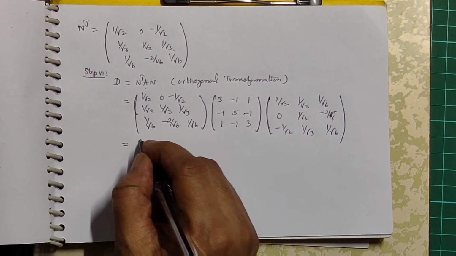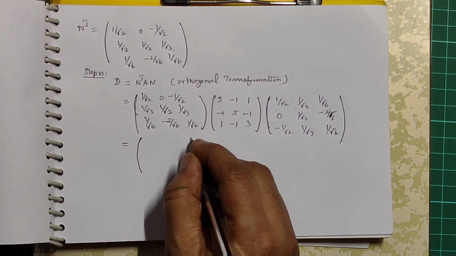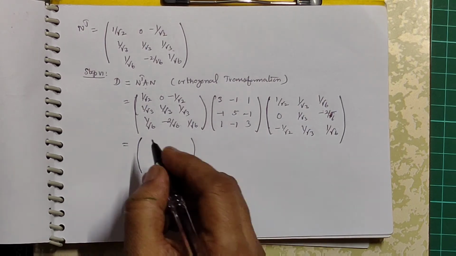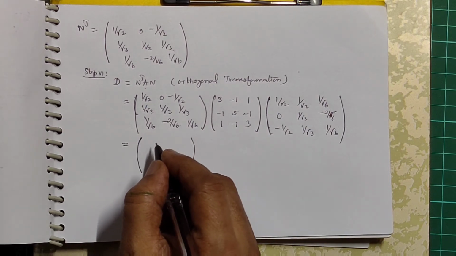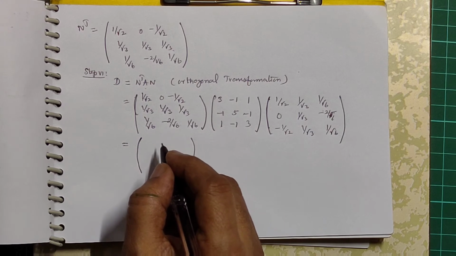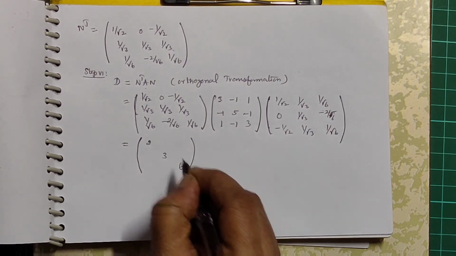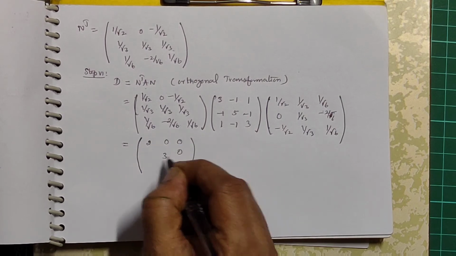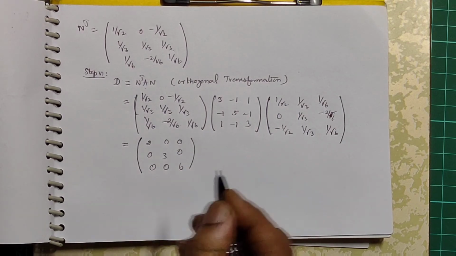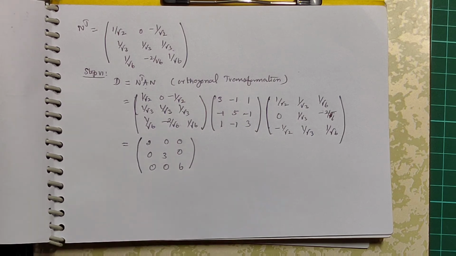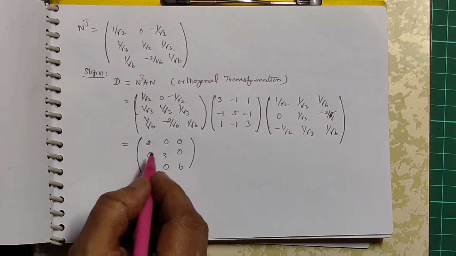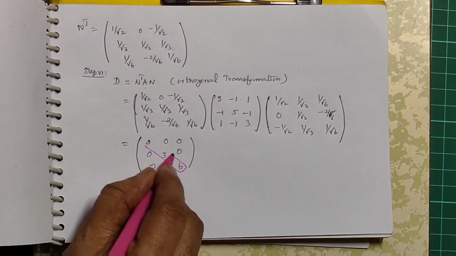On multiplying these three matrices, you have to get a diagonal matrix in which the diagonal elements are nothing but the eigenvalues. So what are the eigenvalues we got? We got 2, 3 and 6. After multiplying these three matrices, we'll be getting the three eigenvalues in the diagonal. That's very important.